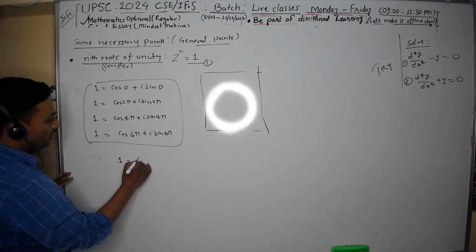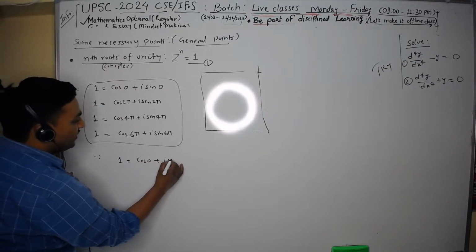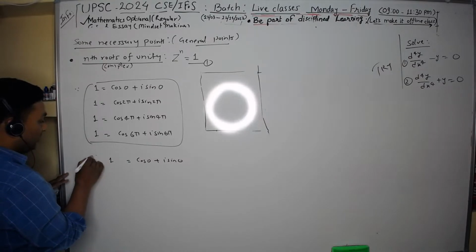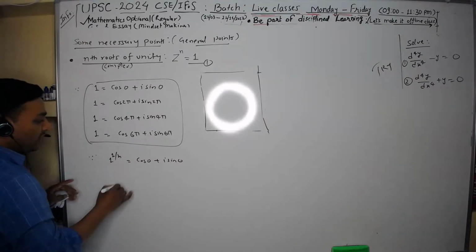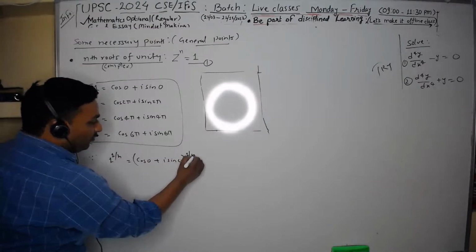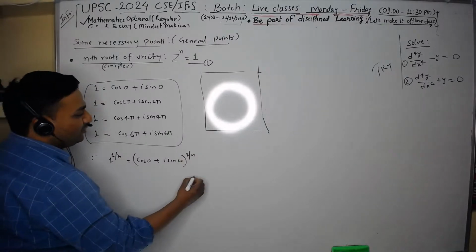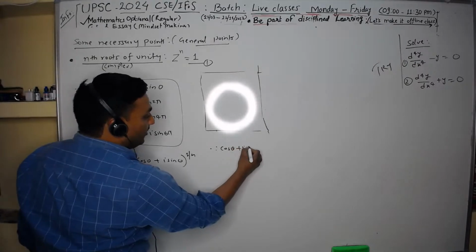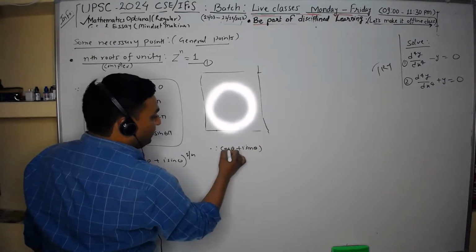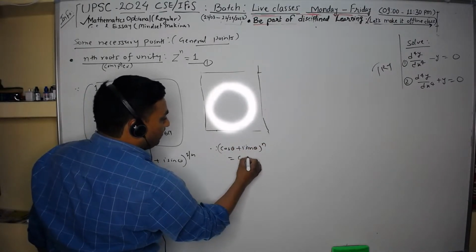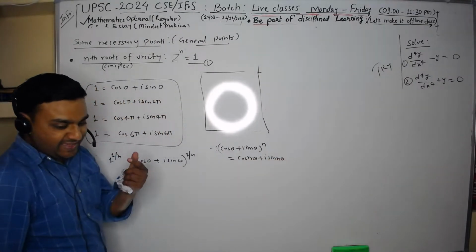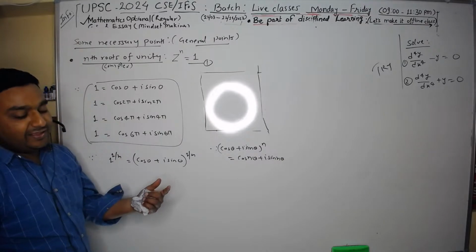Since 1 equals cos 0 plus iota sin 0, ठीक है? So 1 का पावर 1 upon n will be. अब मुझे ये बताओ, (cos theta plus iota sin theta) power n is what? Cos n theta plus iota sin n theta.